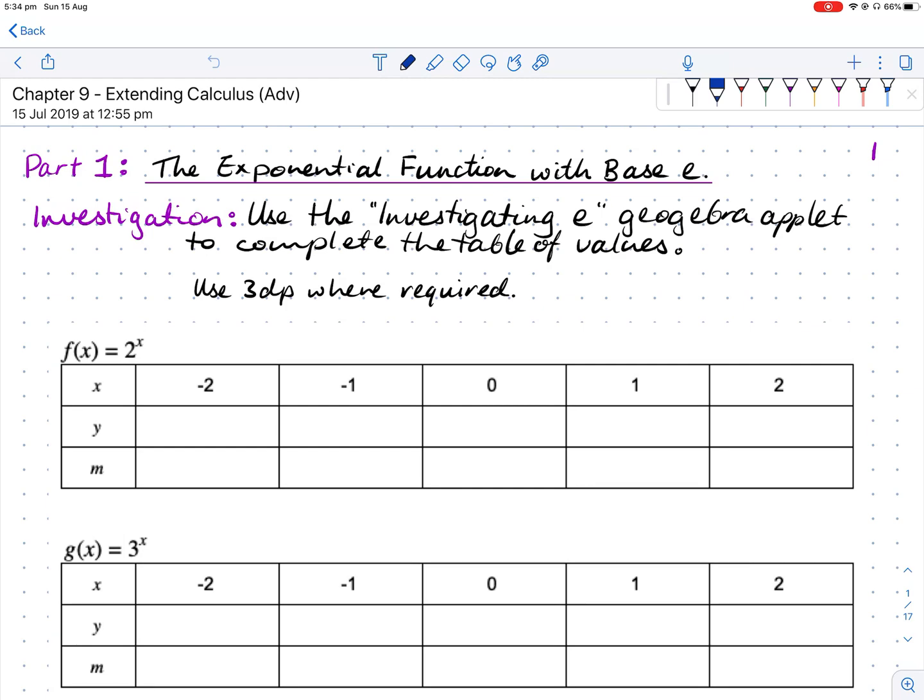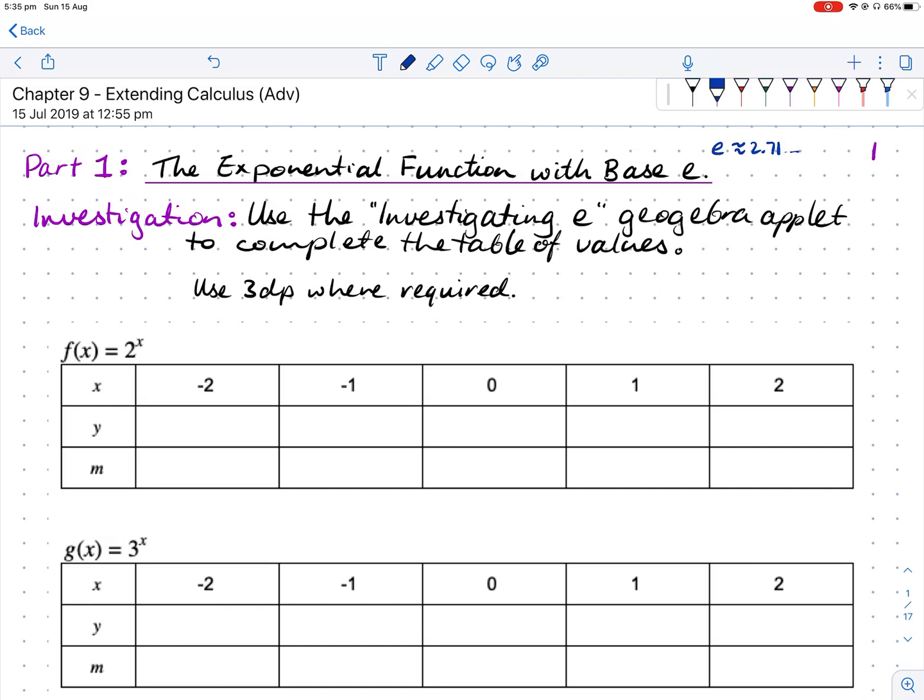So this first section, we're looking at the exponential function of base e. So I spoke very briefly about this when we were looking at exponentials earlier. So e is a special number. It's an irrational number, but there's special ways in which we define it. So we know that back then we said that e is approximately 2.71 thereabouts.